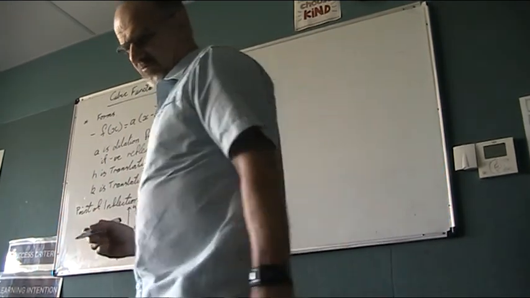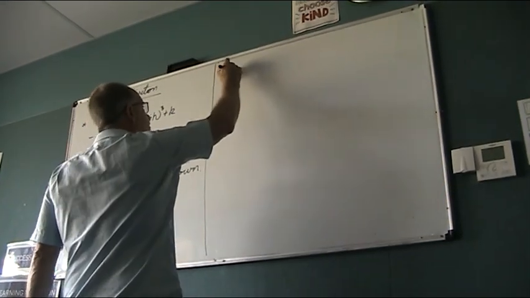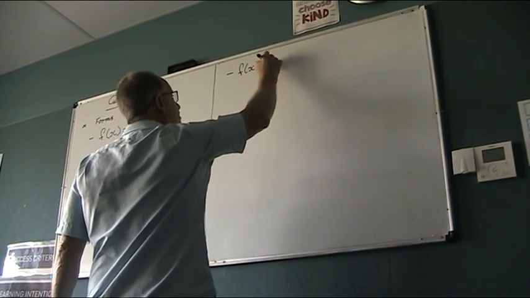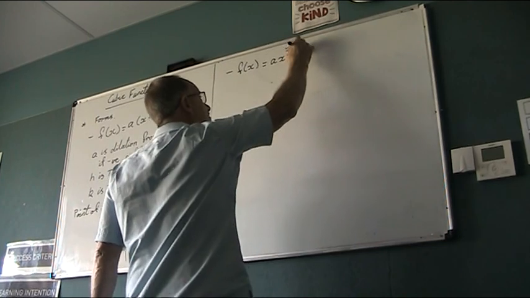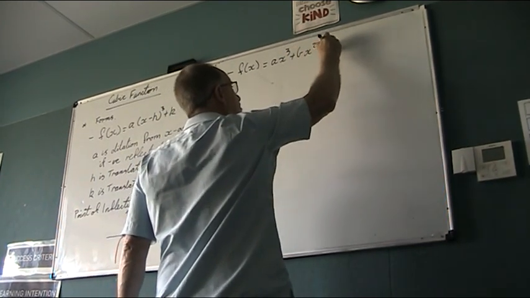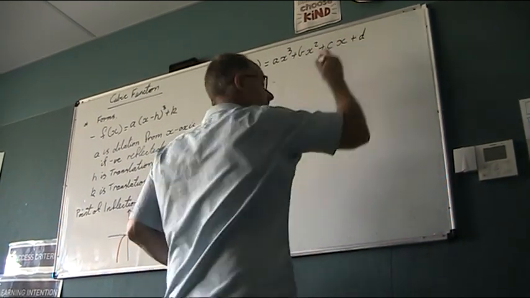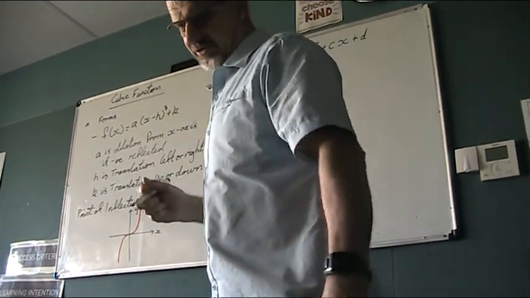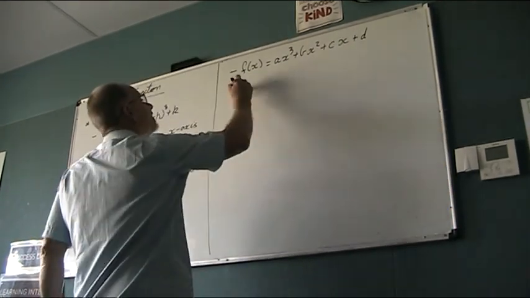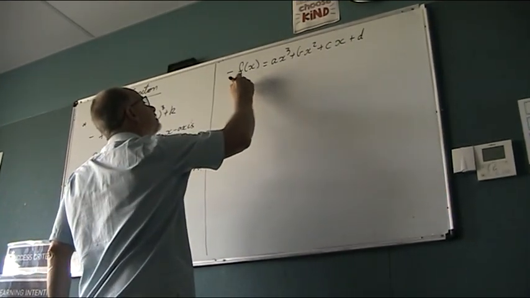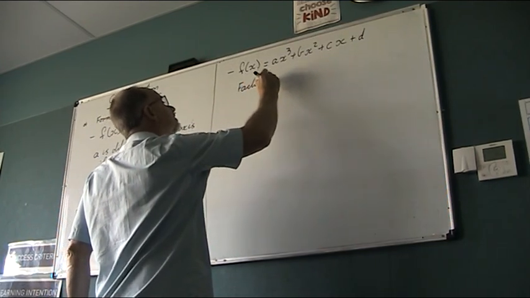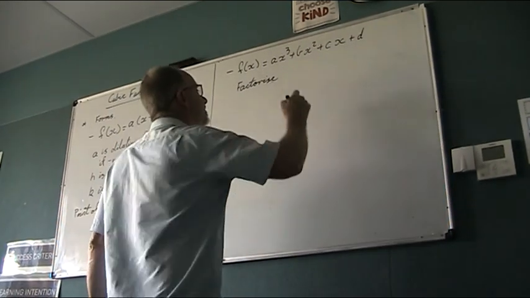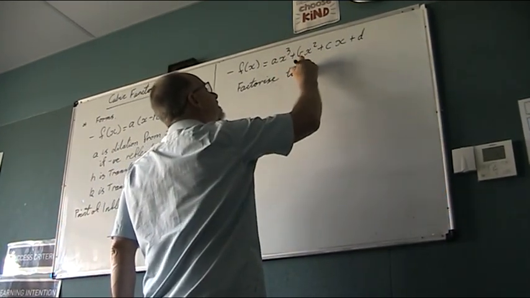The other form that we could have a cubic in is expanded, like so. Now we need to factorise, to find our intercepts, to find our x-intercepts.